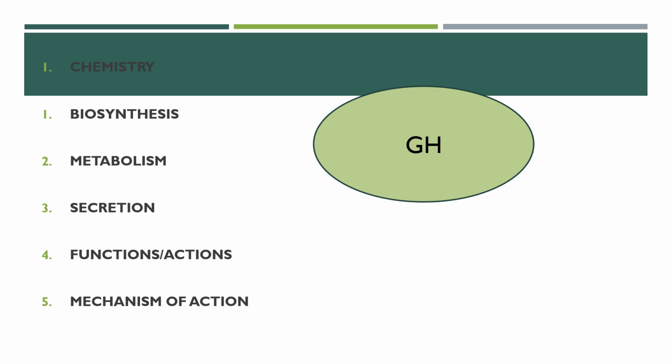If we read these 5 or 6 points for every hormone, it will be easier for us to remember the hormone. So now we are going to learn the growth hormone under these headings: the structure and the biosynthesis, how it is metabolized, how it is secreted, the mechanism of action, the function of growth hormone, and conditions when the growth hormone secretion is increased or decreased.